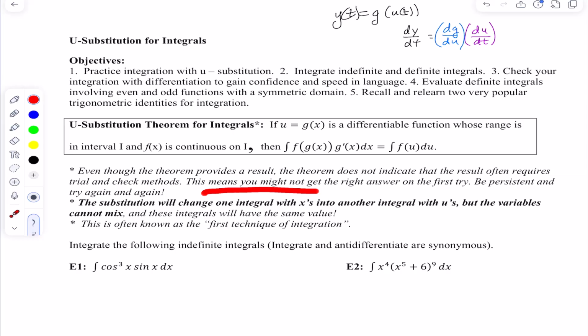This means you might not get the right answer on the very first try, but you just got to be persistent in integral calculus. You have to try and try again. This is often known as the first technique of integration. Integrate means to anti-differentiate. These two words are actually synonymous.